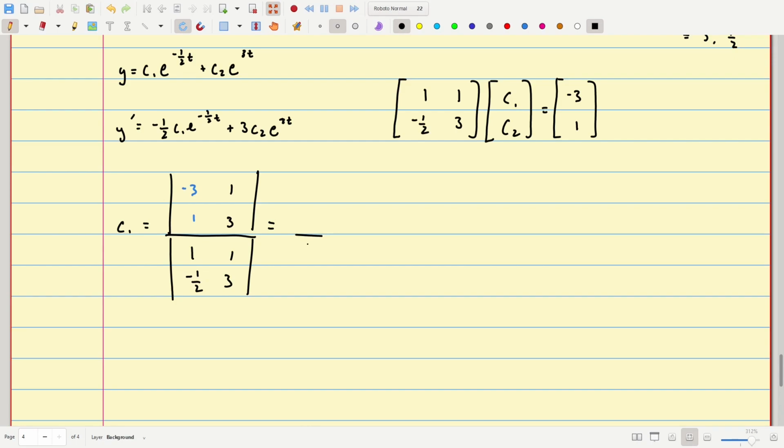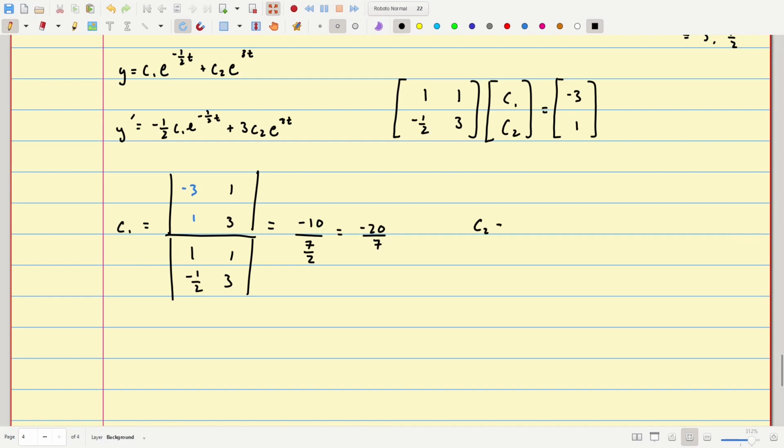So this is going to give us 7/2. And then in the numerator, we're going to end up with a negative 9 minus 1. And we can simplify this to negative 20/7.